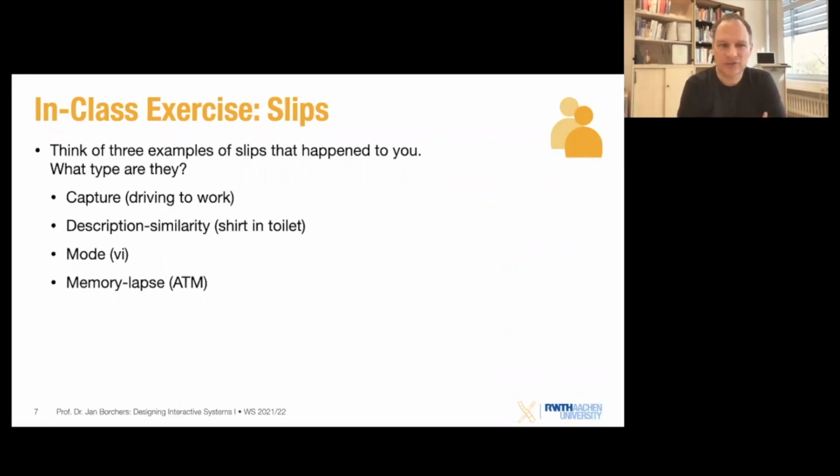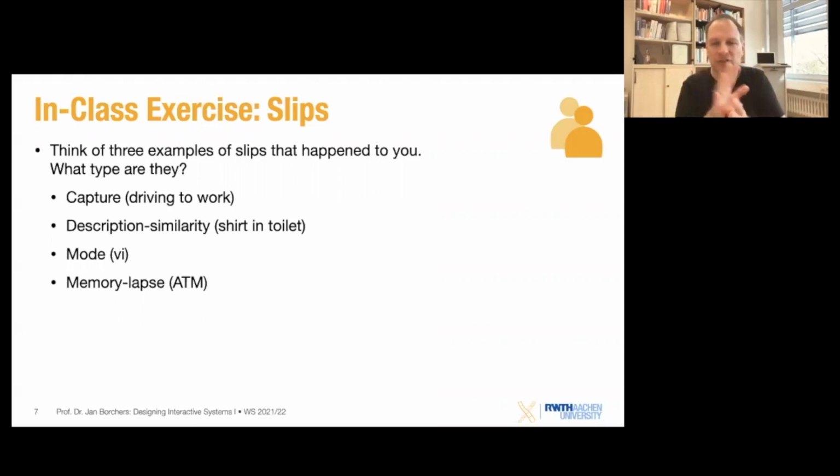So we've talked about 4 types here. The capture one, like the one where you're driving to work on a Sunday, where the familiar procedure captures the one-time thing that you were actually planning to do. Description similarity, where things just look the same, and so your definition of the action sequence wasn't precise enough in your head to do it right.